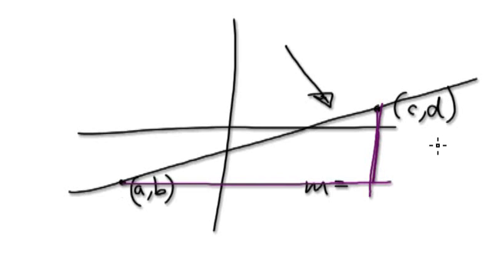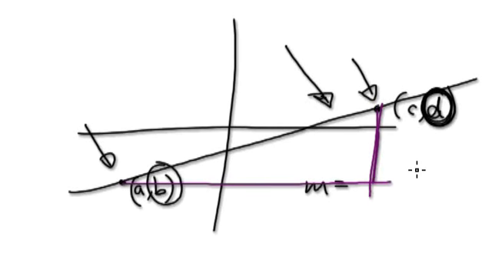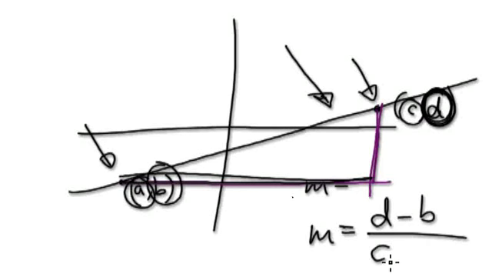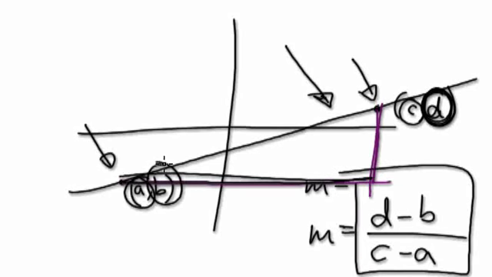To get the height, you could just get this point, take away this point. So get D, take away B. So M equals D take away B, and then because you're interested in the width of this thing, you can get C take away A. So divided by C take away A. So this here will give you the gradient.